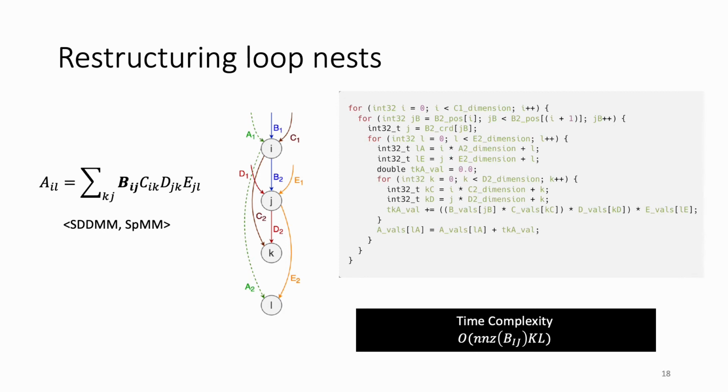Since E is going from j to l, now in the new tensor expression, the output tensor must have indices i and j. These indices can be inferred by way of construction of the original tensor expression. We remove E and get the new tensor expression and a new iteration graph for the new expression.